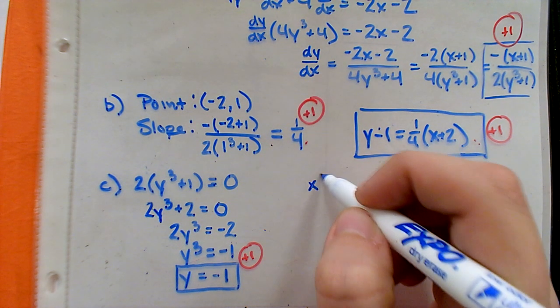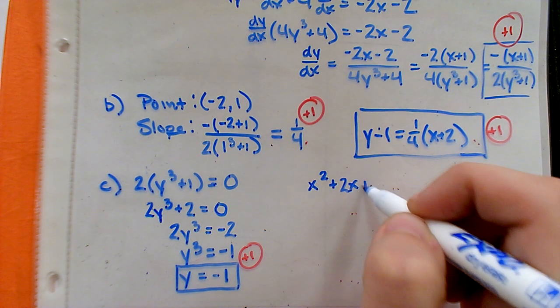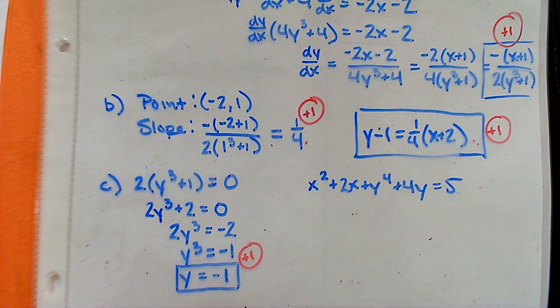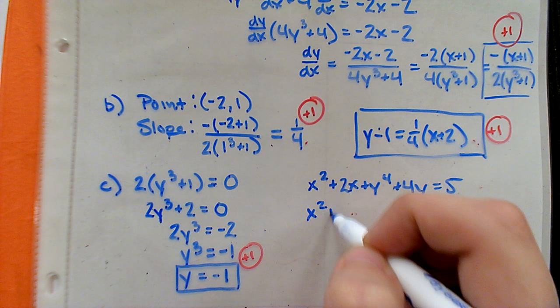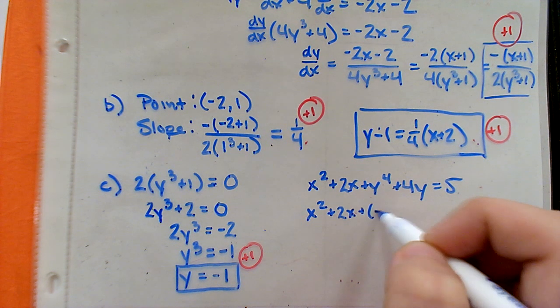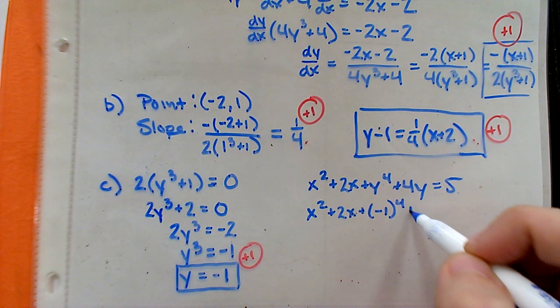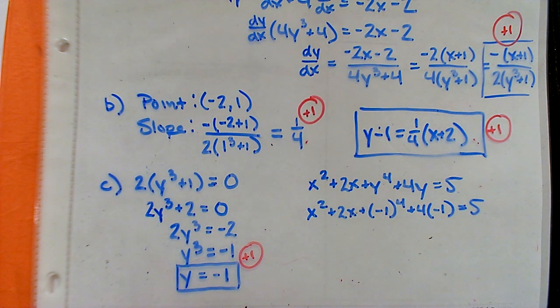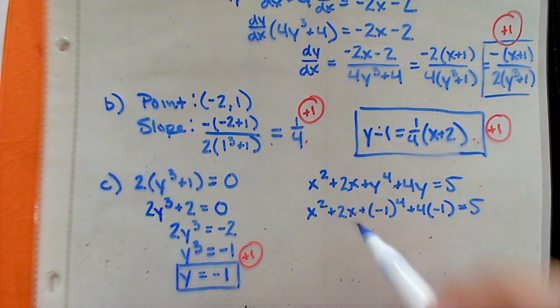So using the original curve equation at the top, we're going to plug in -1 for the y values, which means we should be able to solve for the x's.